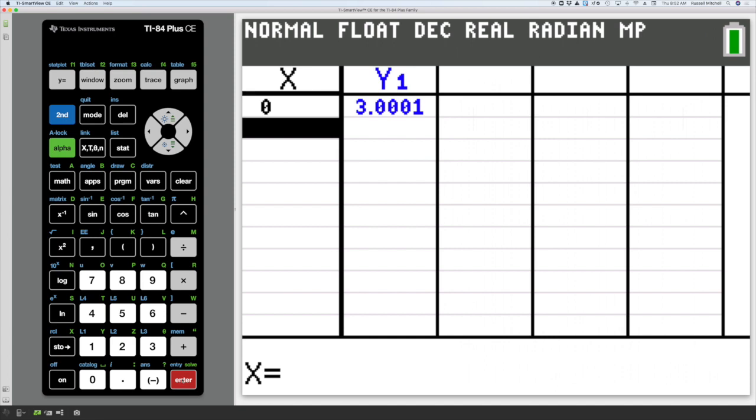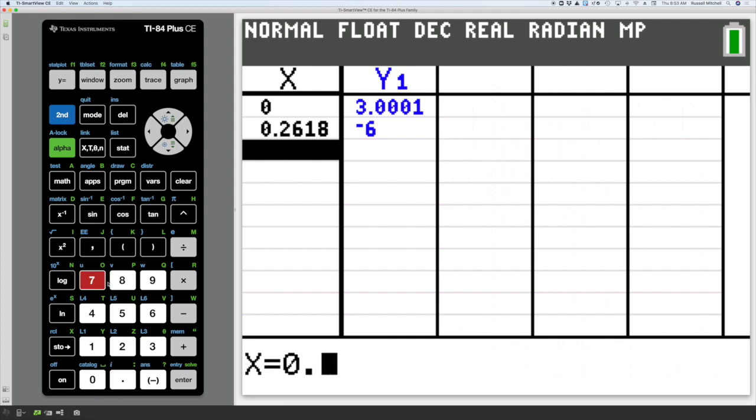That's the way to know if you're doing it right, okay? So it's close, right? Okay, let's put in where the first minimum happened, 0.2618. And what do we get out? -6. That's what our table says it is also, right? Let's go to the next max, 0.7854.